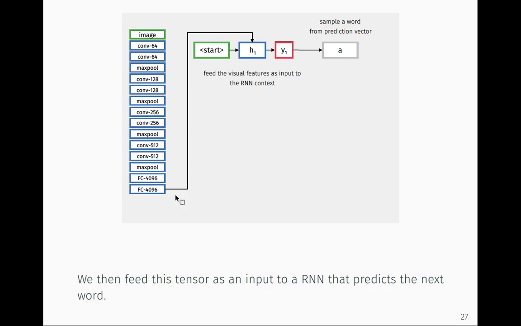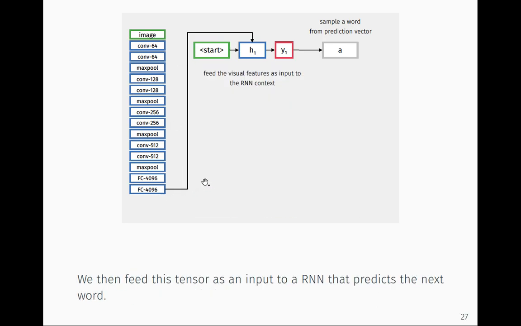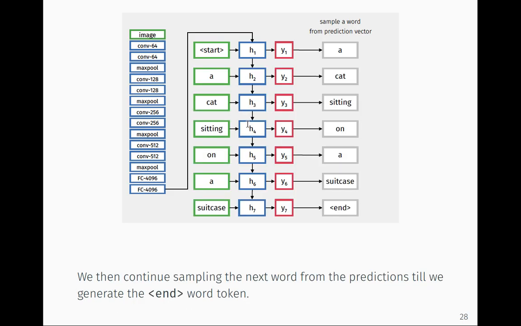Then what we do is we reuse the same kind of text generator we talked about, okay? But the only difference is that in the context, we're going to feed as an input the vector of the picture. So the text generation works the same as we've seen: you have a word in and a word out.